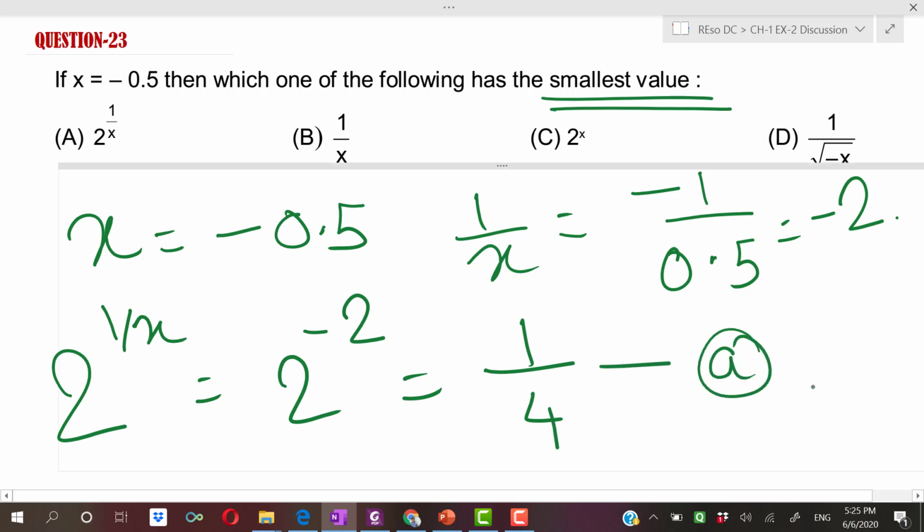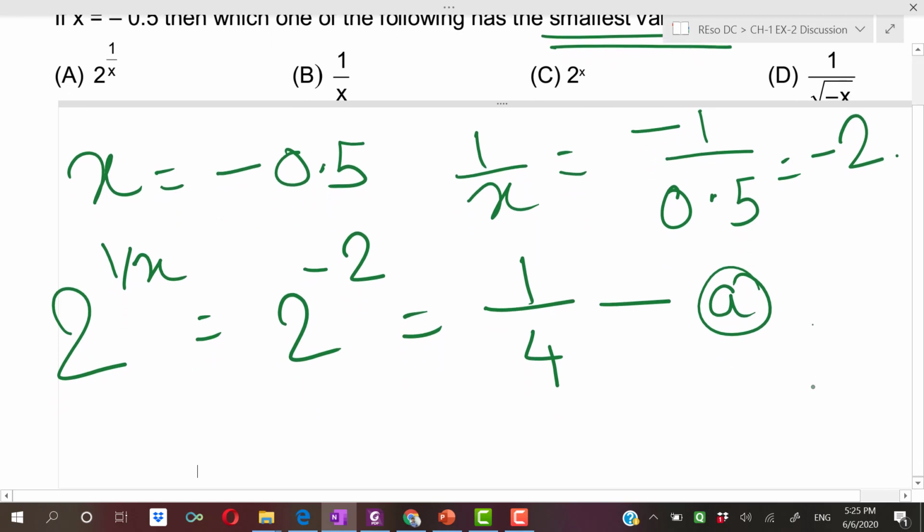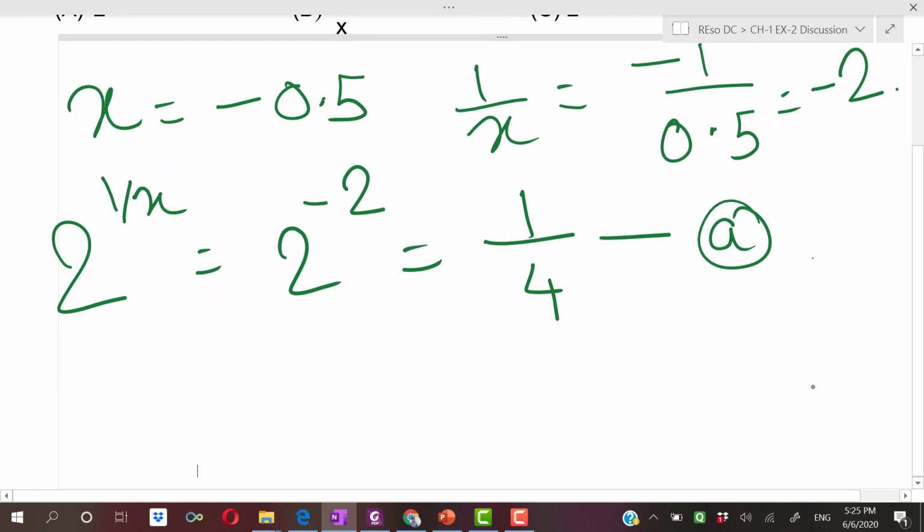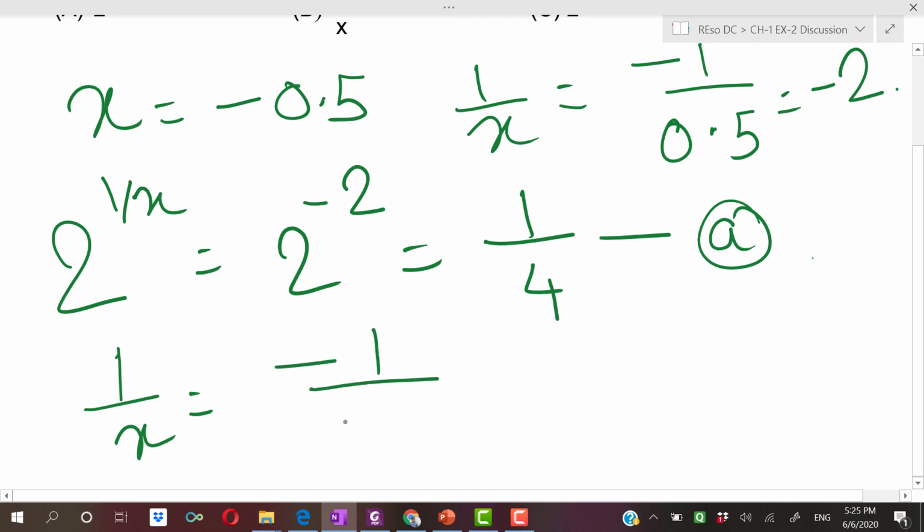Similarly calculate करते हैं option number B कितना होगा. 1 upon x will be equal to minus of 1 upon 0.5, which is equal to minus 2.